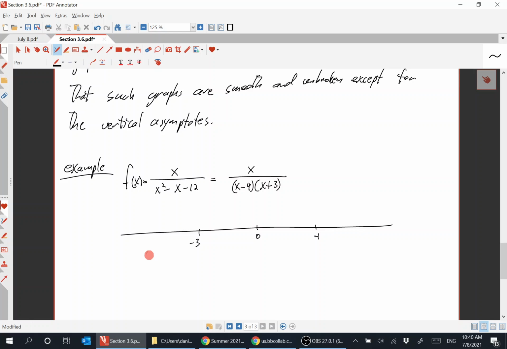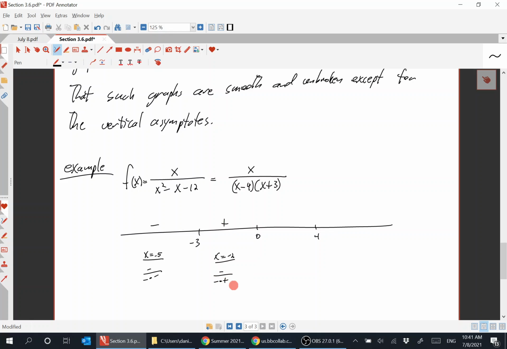So let's look in here. We'll take x equal to negative 5. This on the top is negative, and on the bottom they're both negative. So the whole thing here is negative. Here, say x equal to minus 2. This is negative, positive on the bottom, negative on the top.